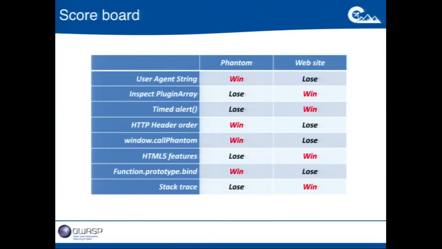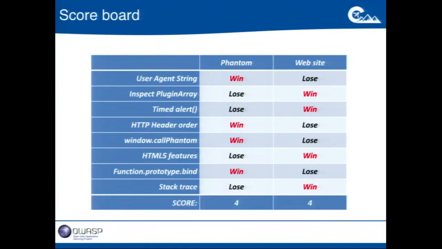Since Phantom.js is using the Qt graphics engine to render all the page, you can do canvas fingerprinting: draw some random elements, get the data from the canvas, and then hash the data. Techniques like that will perfectly detect Phantom.js. There are other ways to spoof them, but for now we have a score of 4-4.